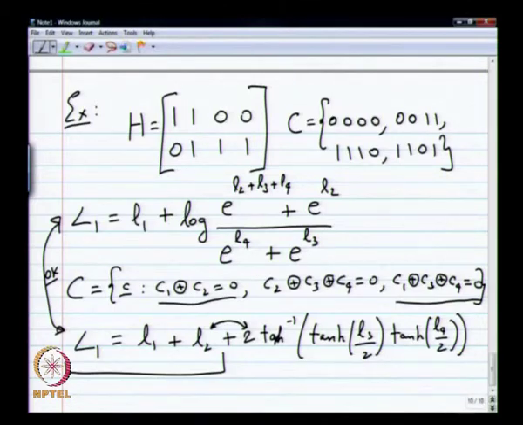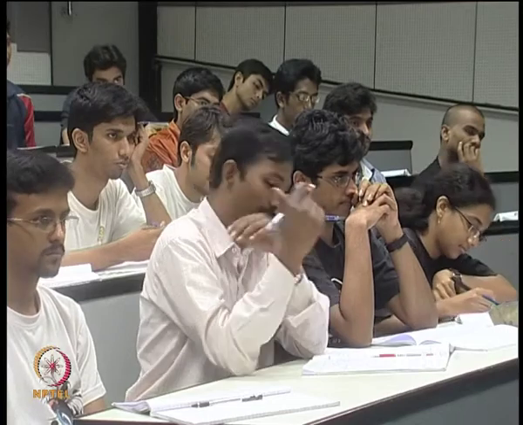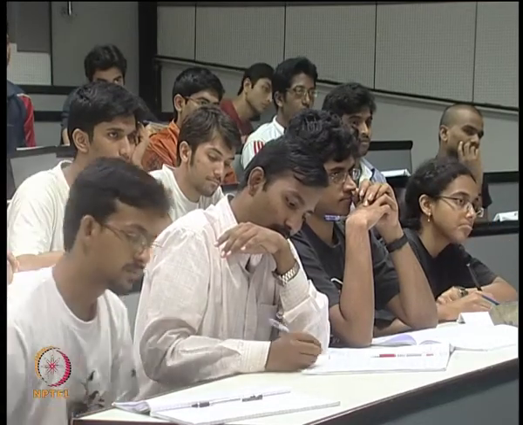The important idea that I am trying to convey here is, you can look at the bitwise MAP expression from the dual code point of view. Every parity check that you have, not necessarily linearly independent ones, even the linearly dependent parity checks can give you additional extrinsic information about the particular bit. The only condition is that bit should be involved in that parity check.